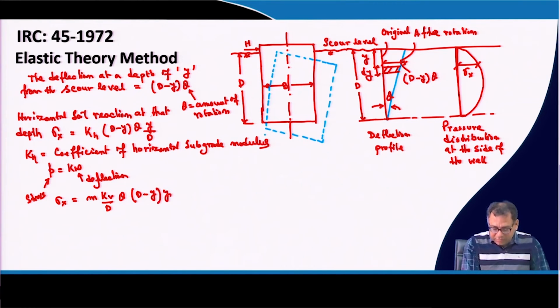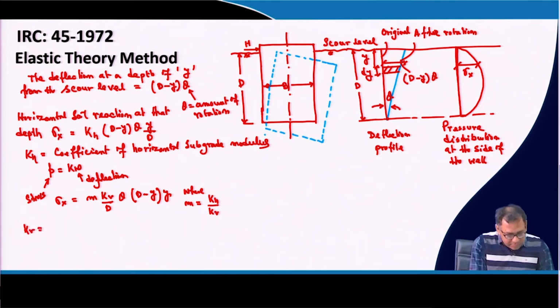So, d minus y into y, theta is there, d is here, k v and m, where m is equal to k h by k v, where k v is the coefficient of vertical subgrade reaction.